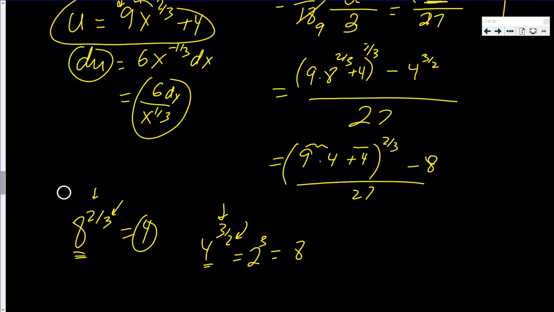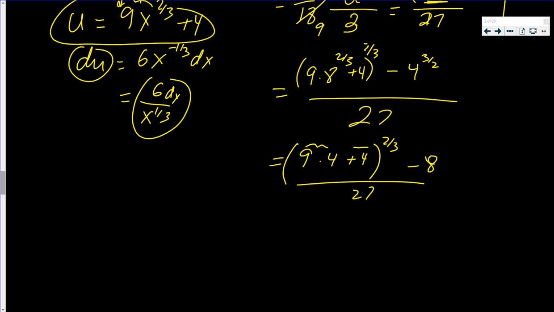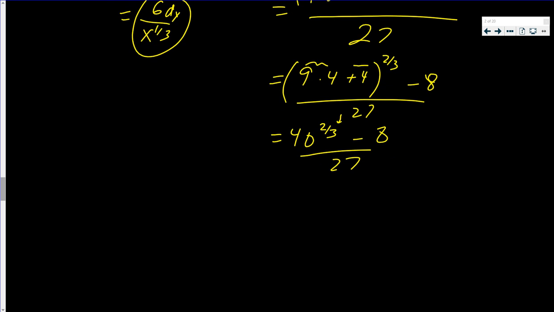Let me get rid of this side work. It's really in the way. So now I have 40 to the 3/2 minus 8 over 27. Well, are there any factors of 40 that we know the cube root of? The answer is yes, it's 5. 40 is 5 times 8.